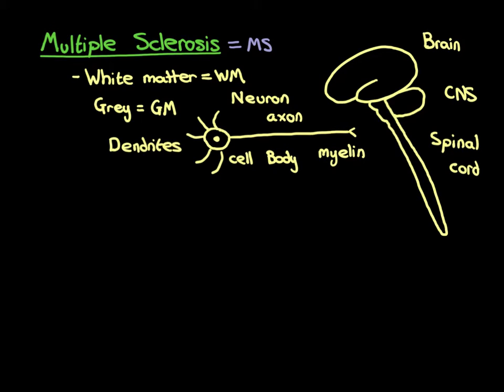So, not only in the cerebral hemisphere, but also in the brainstem, the cerebellum, and also the spinal cord, you can divide tissue into grey matter, which is where cell bodies are, and white matter, which is where axons are.